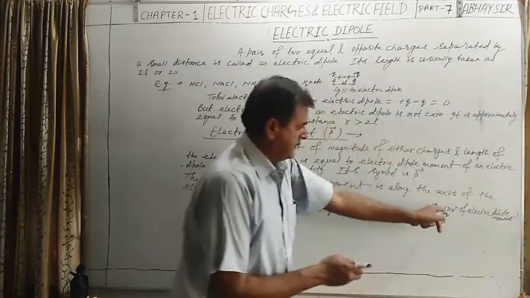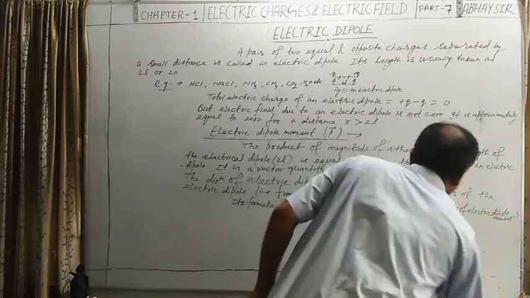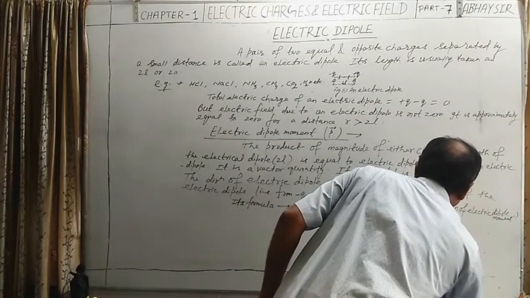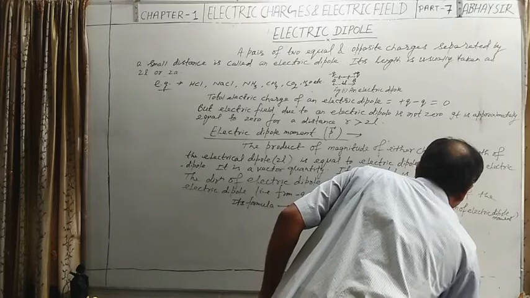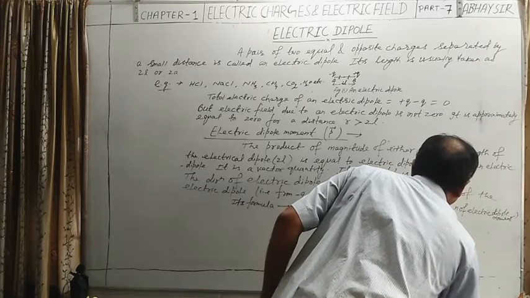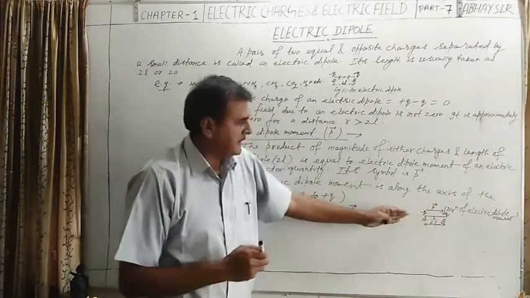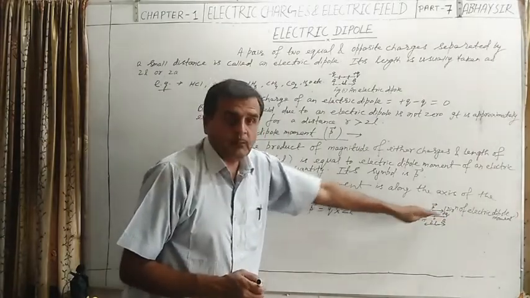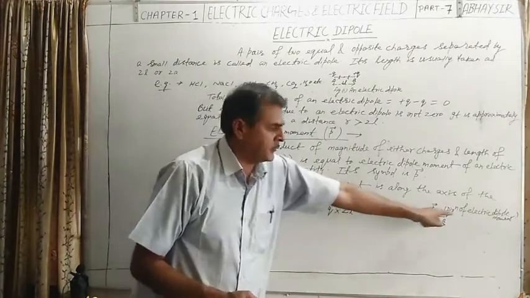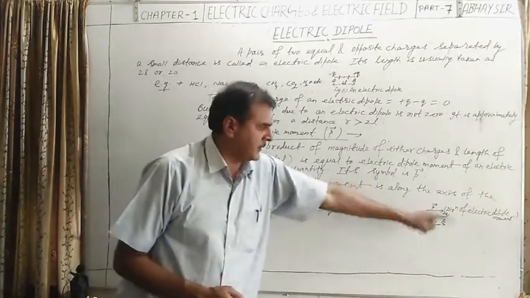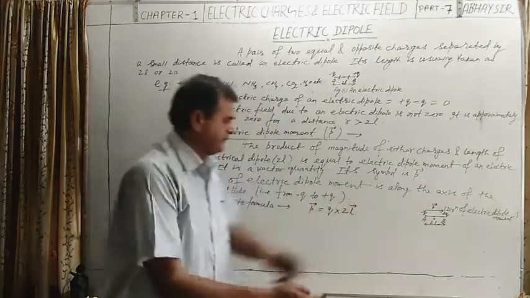And the length is 2L. 2L is the length of the electric dipole, and the direction of the 2L vector is from minus q to plus q, along the line AB.